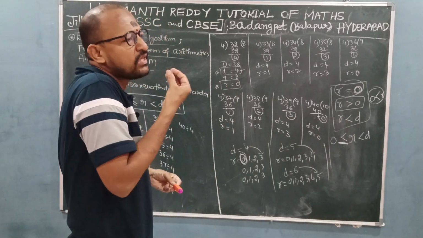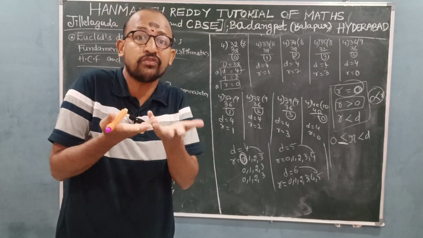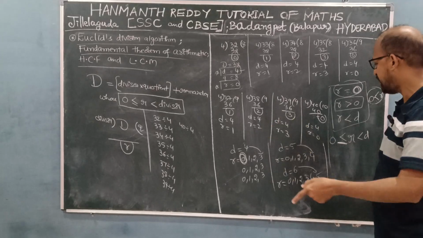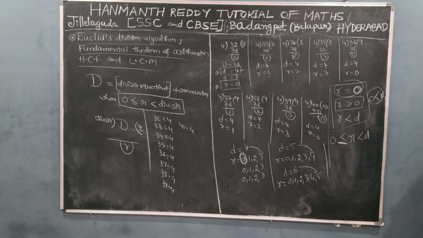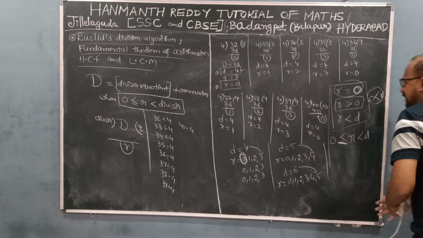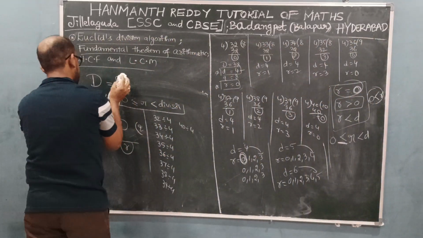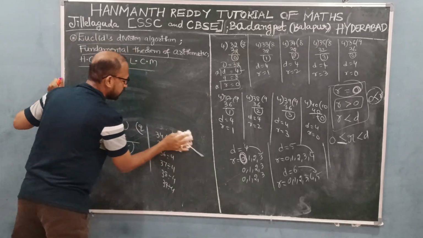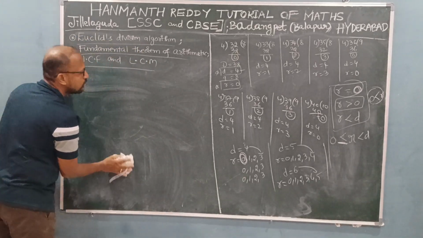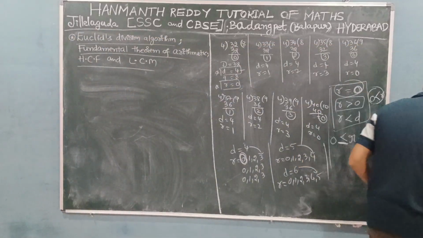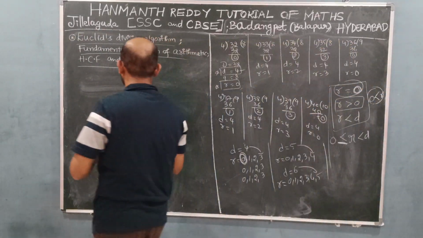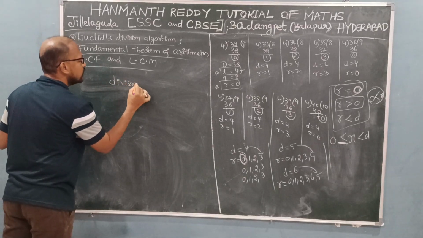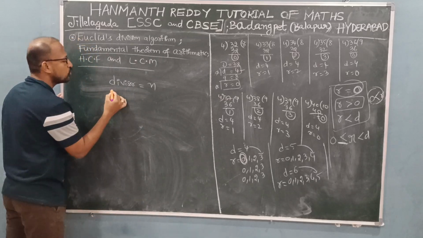Now, if they ask in terms of variables, for example if the divisor is n, what are the possible remainders?